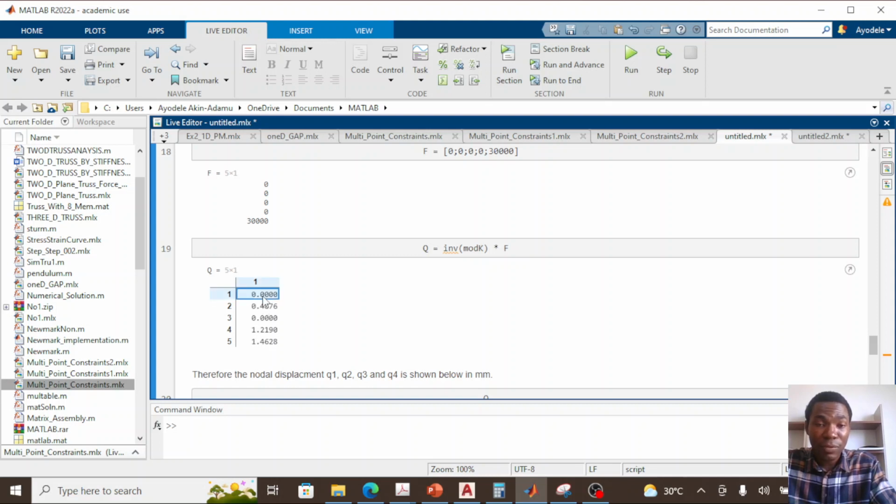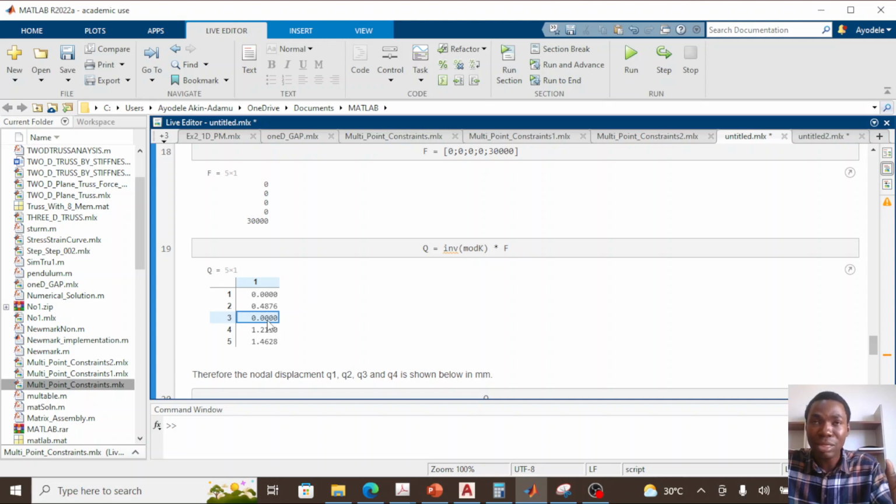At node 1, we get a very small value. It's supposed to give us 0, but gives us a very small value. At node 2, we get 0.4876 mm. This is actually what we got in our hand calculation. I'll refer to it now. At node 3, the displacement is supposed to be 0.